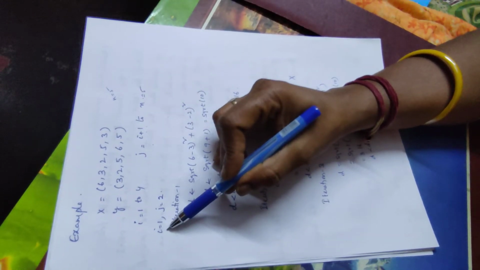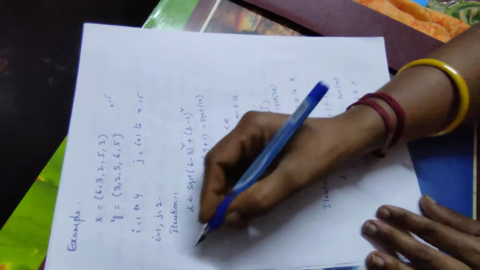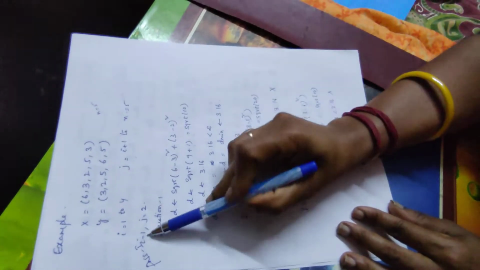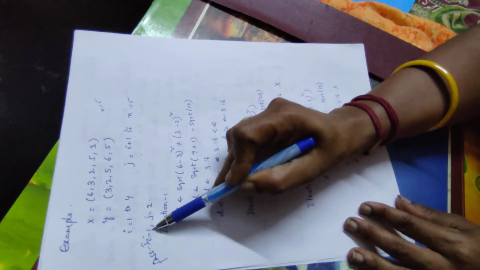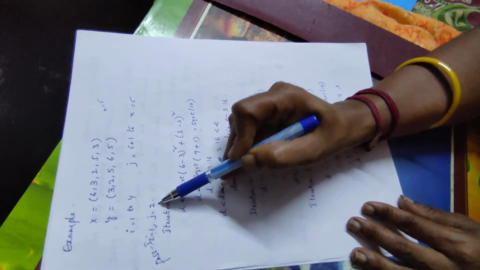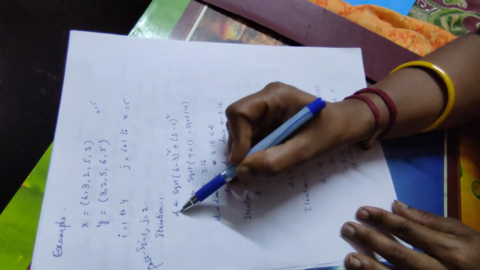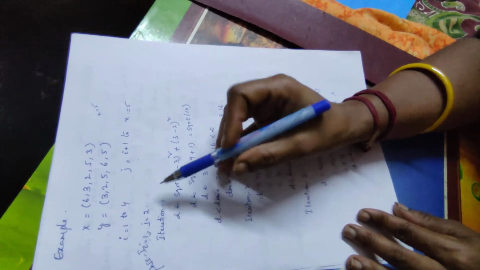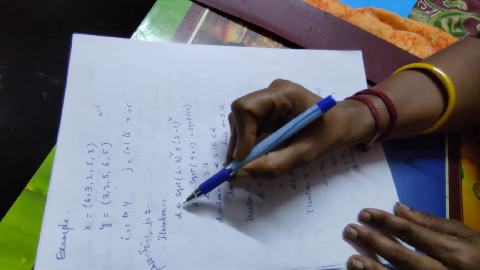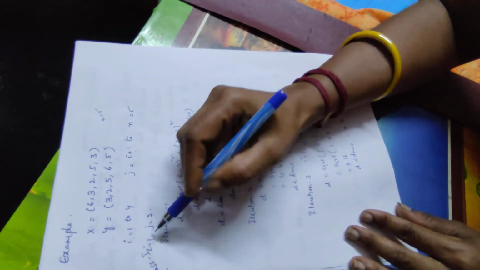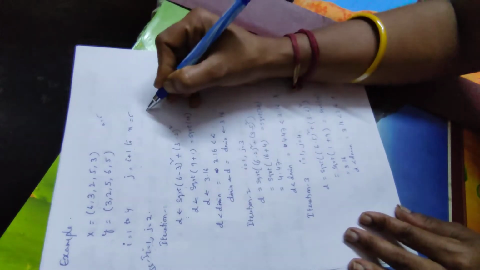In the first iteration, pass 1, your i is 1, because you start your i loop with 1, and j becomes i plus 1, that is 2. In my first iteration I am trying to find my distance, the square root of, with i and j positions 1 and 2.